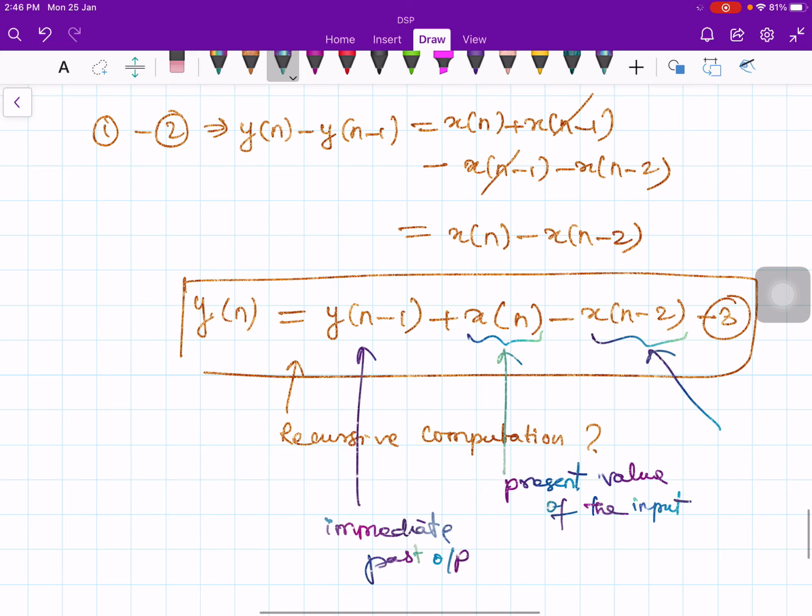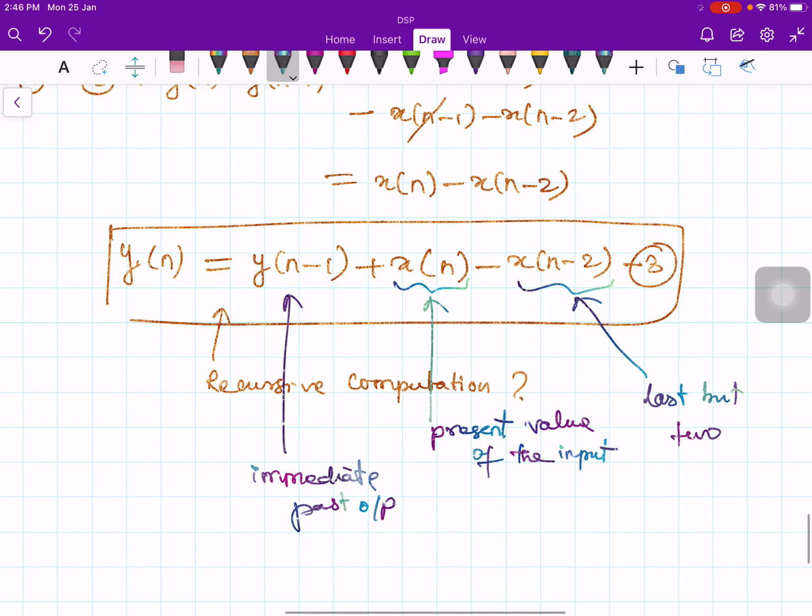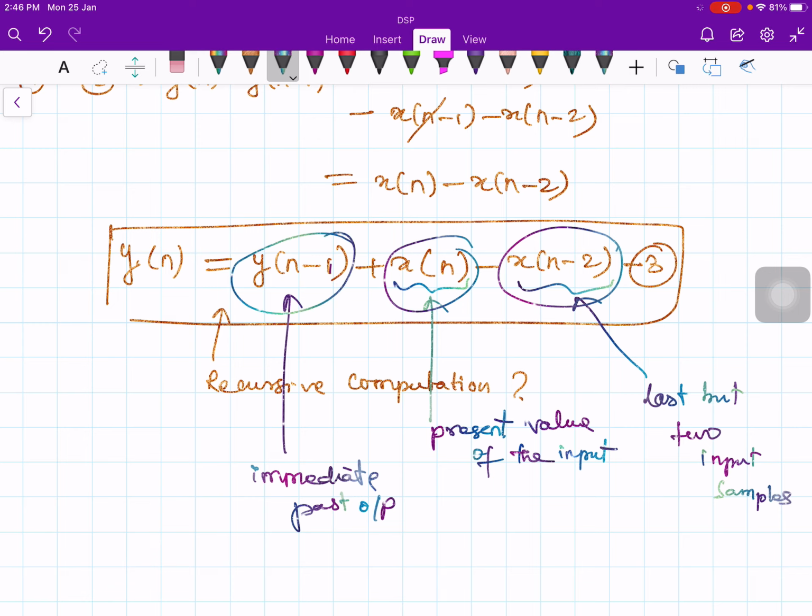Therefore, my output depends on 3 components: the present value of the input, the last but 2 input sample, and the past output value.